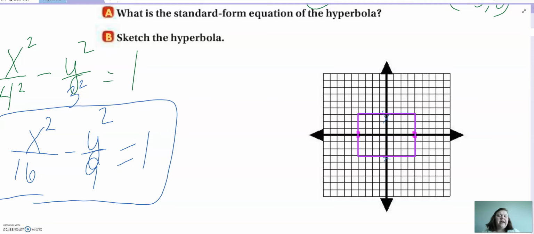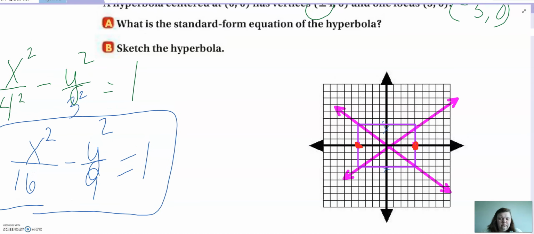So I went ahead and used the box function on my computer to draw that rectangle in. So your rectangle should look like this, where that midpoint of each side are the vertices on those opposite sides there. Our next step is to draw diagonals through this box. So let's go ahead and draw diagonals across the box. So now we have the diagonals drawn across the box.